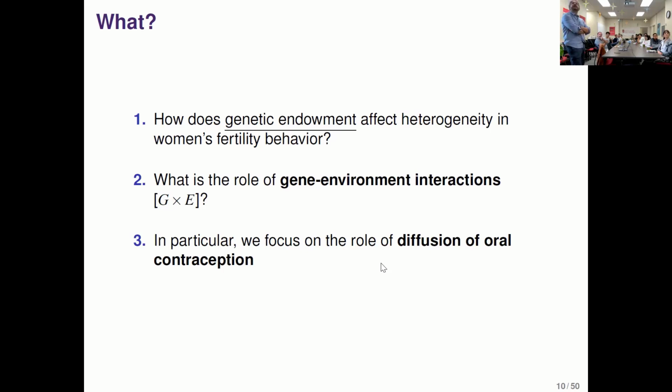We did some preliminary analysis on heritability by cohort, and we saw some interesting aspects. We try to model this, to understand the role of gene-environment interactions, and in particular focus on one big change that we think is very relevant for women born in these years: the diffusion of oral contraception.